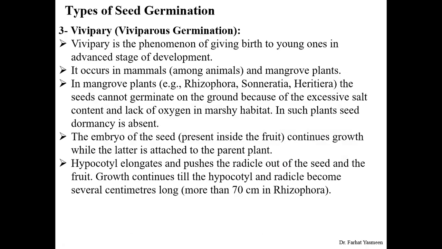In case of viviparous germination, vivipary is the phenomenon of giving birth to young ones in an advanced stage of development. It mainly occurs in mammals and in mangrove plants. Why in mangrove plants? Because mangrove plants, you all know, are mostly present in salty areas or in marshes.